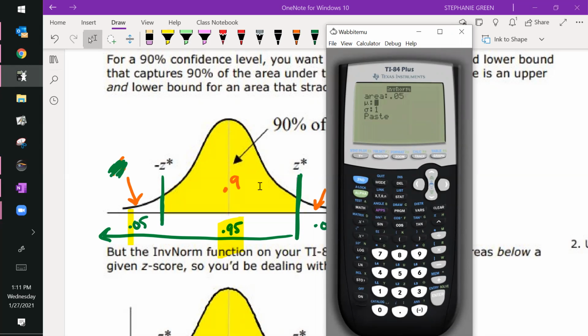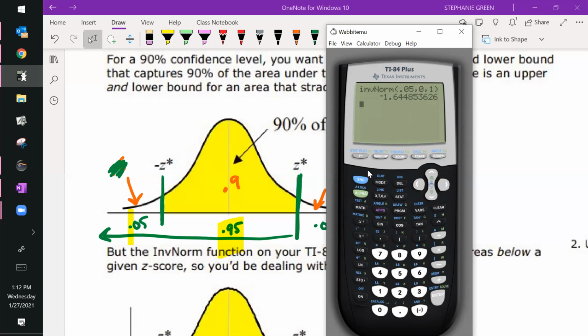The mean of our standard normal curve is 0. The standard deviation is 1. And I can hit paste. It gives me the value that makes that happen, negative 1.64. It's actually more accurate than what we got in the table, negative 1.645.